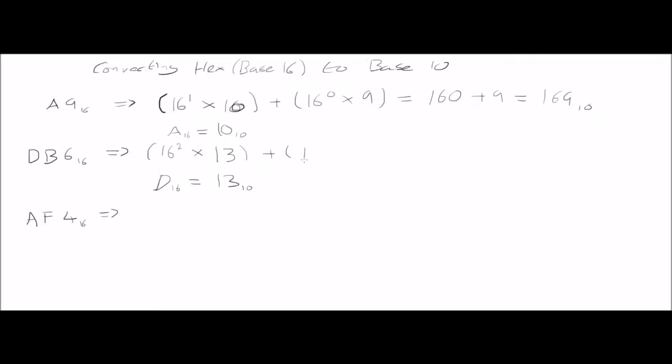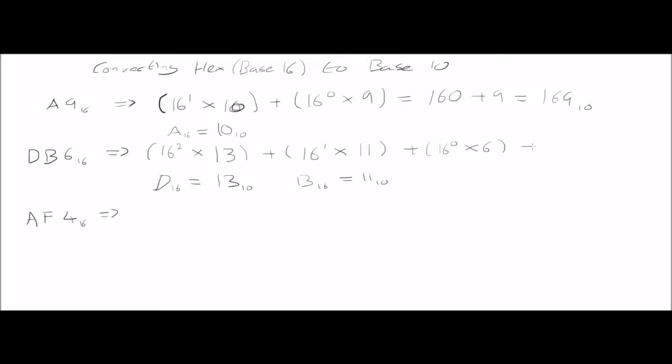and then we're going to add 16 to the power 1 times by the decimal value of B. So to work out the decimal value of B, it's just going to be one more than the decimal value of A, so that's going to be 11 base 10. 16 to the power 0 times 6, because that's our rightmost bit number.